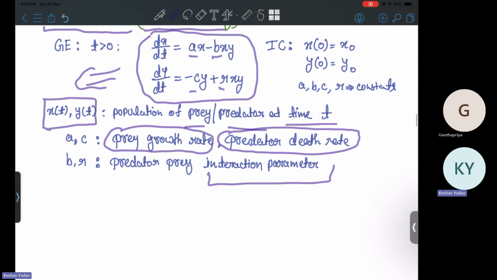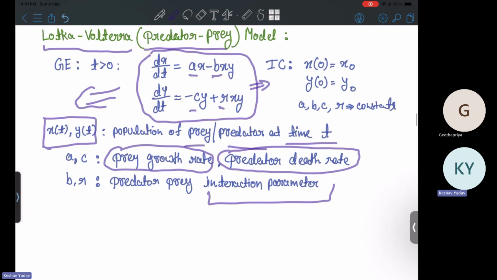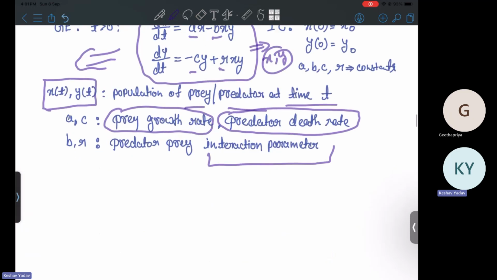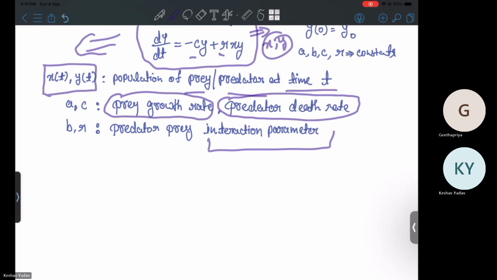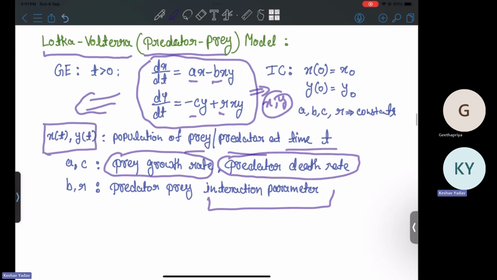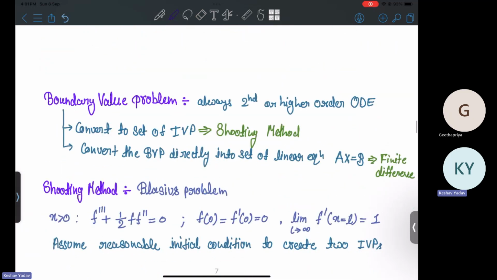If you eliminate t from these two equations, you can form a differential equation in x and y that can be solved. But if you wish to solve for t, you need to go for the methods that have been discussed. I don't think there is much to explain here, so I'm moving ahead.